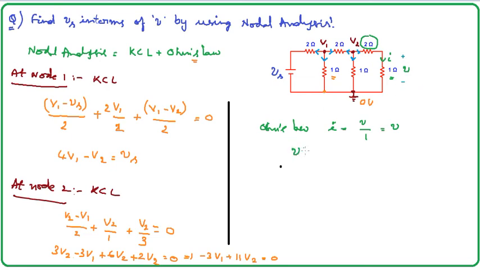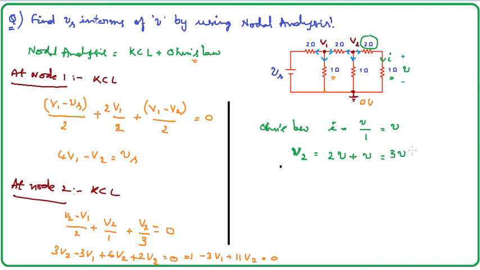I want to derive V2 in terms of V now. What is V2? V2 is the summation of the voltage at the 2 ohm resistor and also the 1 ohm resistor. As the current is V, for the 2 ohm resistor it is 2 into V, plus V, which is equal to 3V.